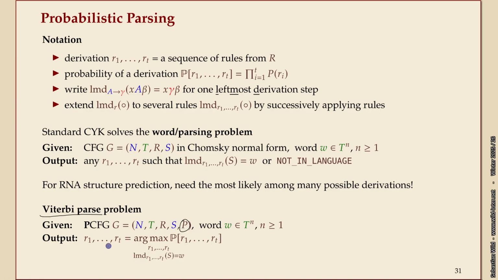And now we're not interested in any derivation, but in the one that gives you the largest probability for that derivation, subject to producing the string. Okay? So there's potentially many derivations where if you start from the start symbol and you apply the rules, you get W, but we want one that has the maximal probability. That's only properly phrased or formalized what I've shown on the tiny example before. That's the problem we'd like to solve.